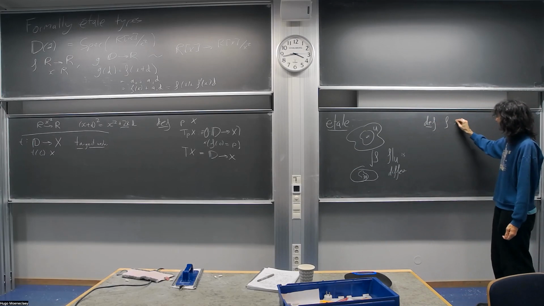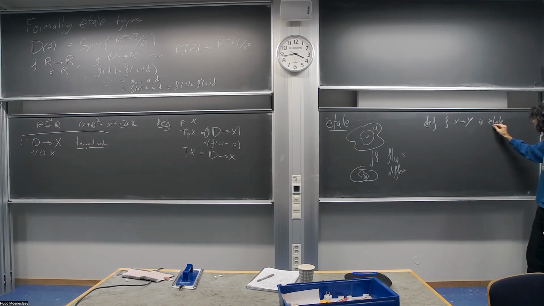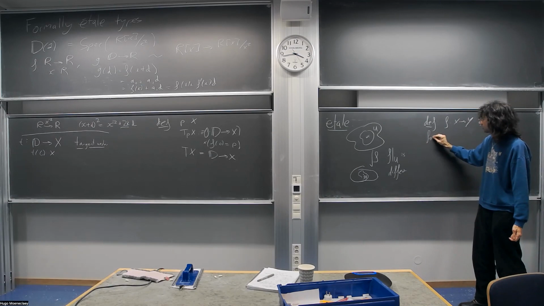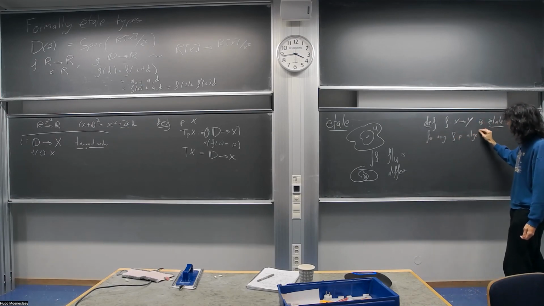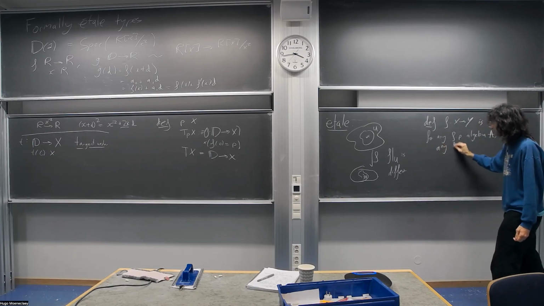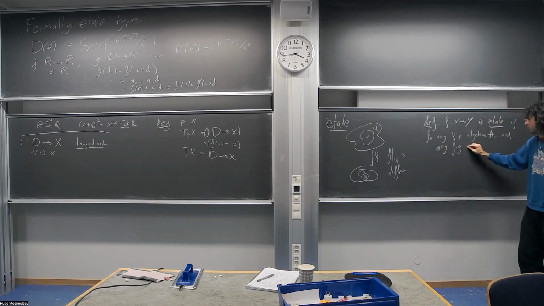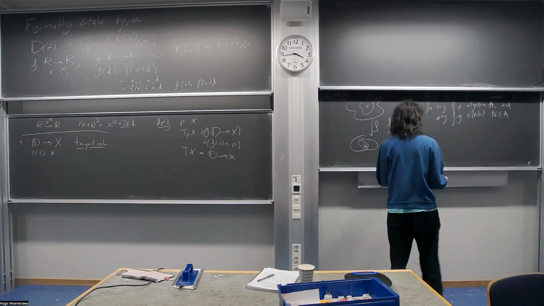Okay, so that leads us to the actual definition. So f from X to Y is étale if for any finitely presented algebra A and any finitely generated nilpotent ideal N in A, we have the following lifting condition.